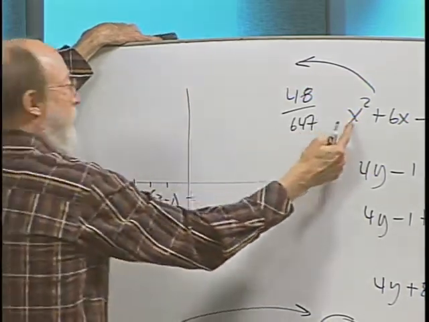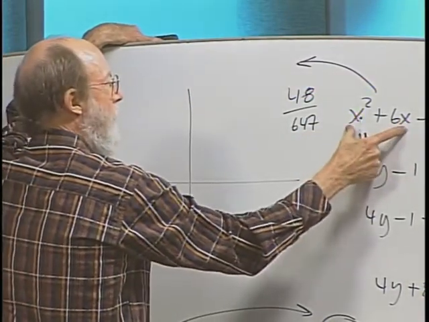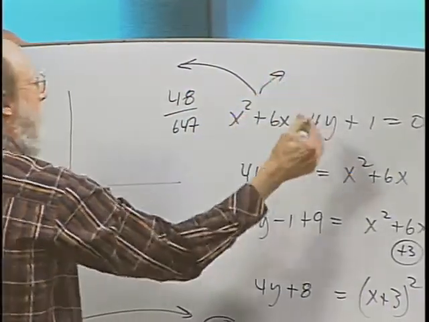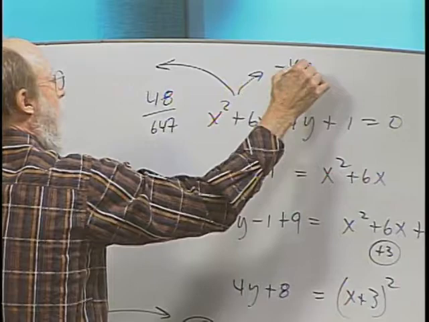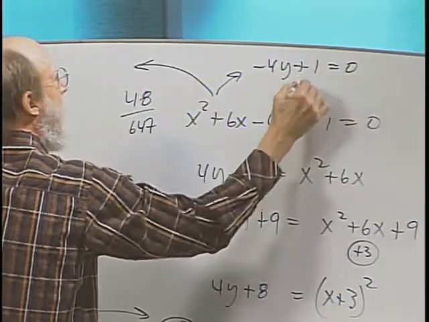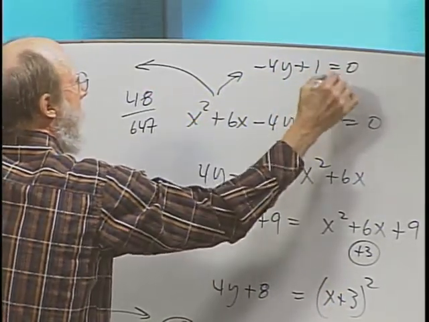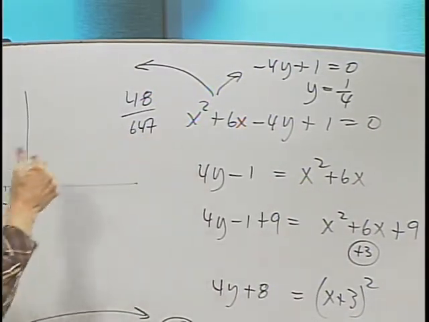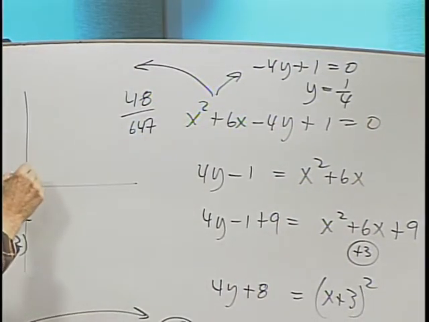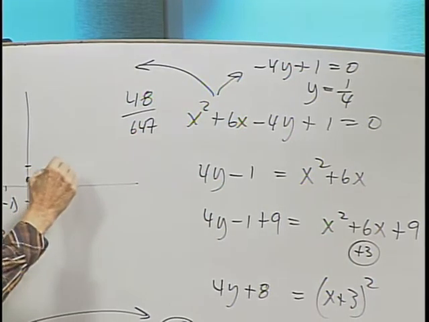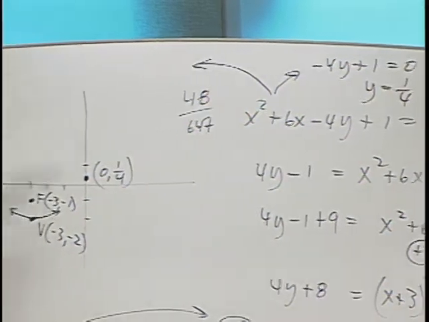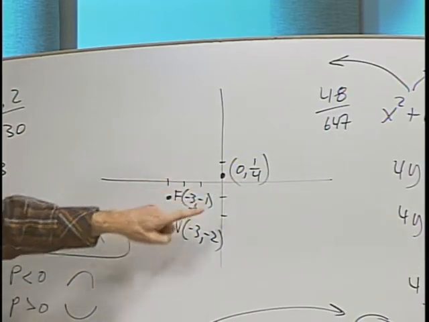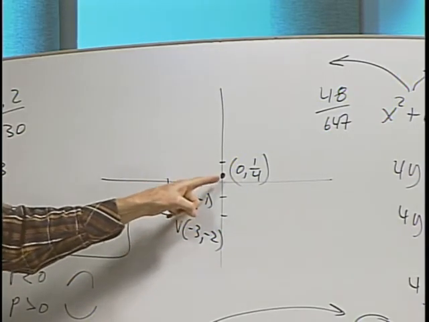You just put x equals 0 in here, this disappears, and you're going to get, let's just do it up over here because it doesn't take much room, -4y plus 1 equals 0. Solve that and you get y equals 1/4 if x is 0. So we plot the point 0, 1/4. Now what's nice about knowing that point is I now know that there's a 0 to the left of that y-intercept.